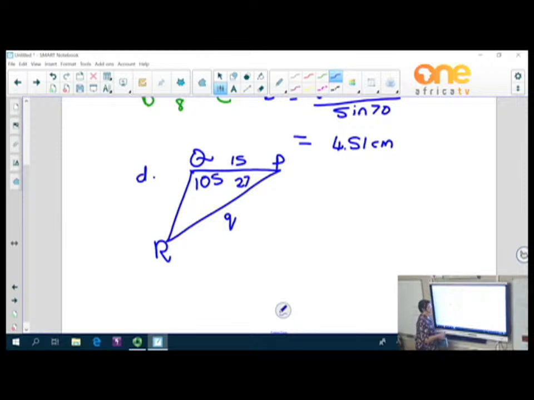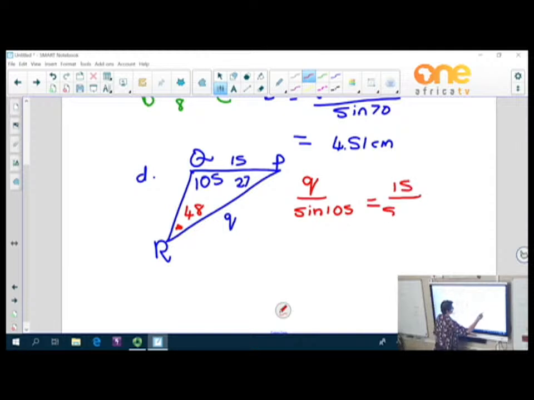Opposite sides, opposite angles. Now here we can see we need angle R because this one is opposite that side and we don't have that. 105 minus 27. So I want to calculate Q. Q is opposite sine 105, equal to, and now I'm taking this one, so it is 15 over sine 48 degrees.